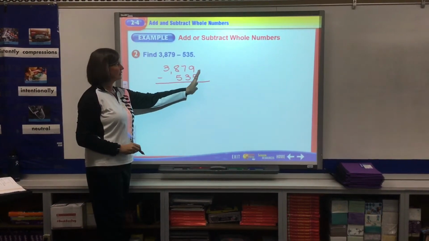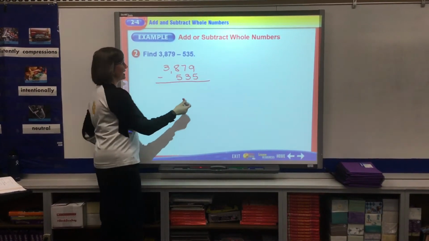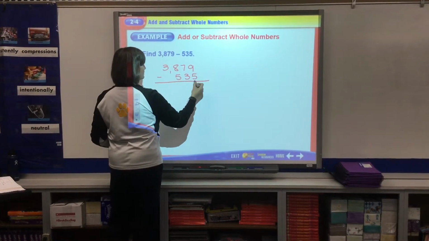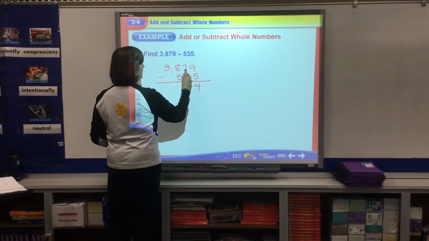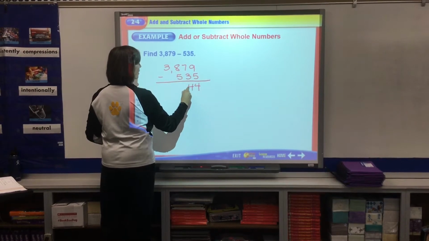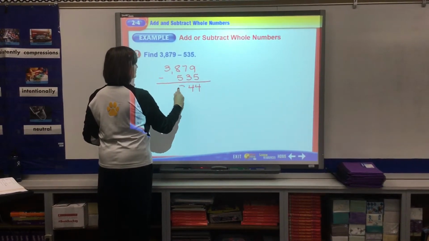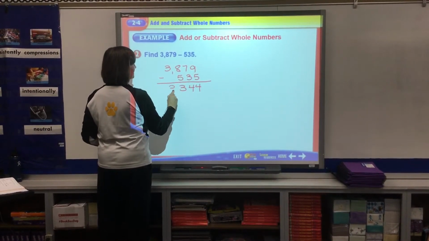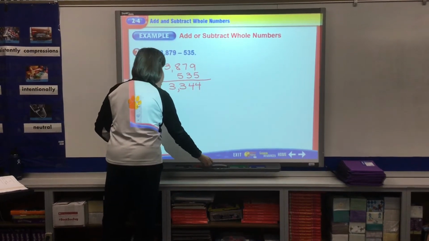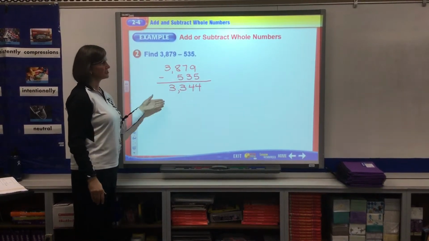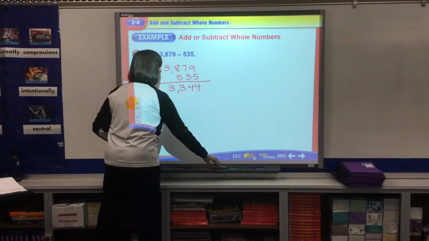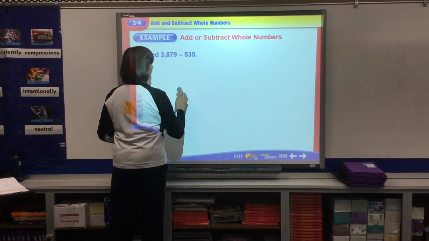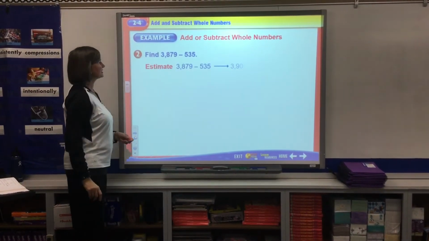Even when we're subtracting, we're going to start over in the ones place value. So we're going to take 9 and subtract 5, and we get 4. 7 minus 3 is 4, 8 minus 5 is 3, and 3 minus nothing is 3. So the difference in these two numbers is 3,344.